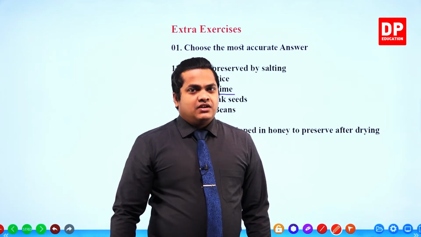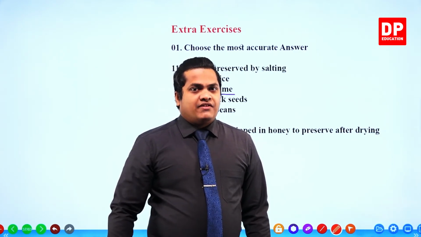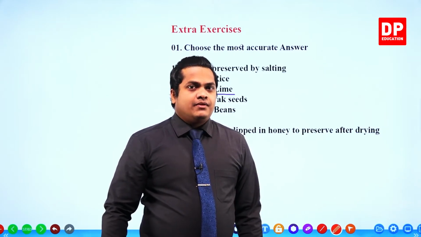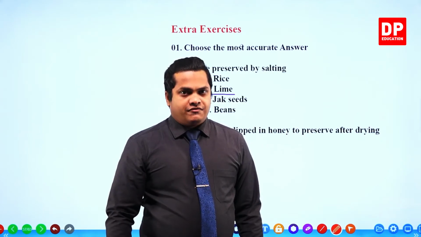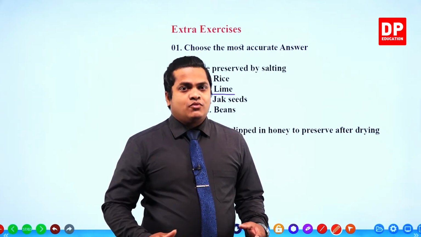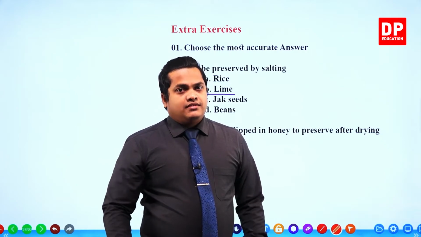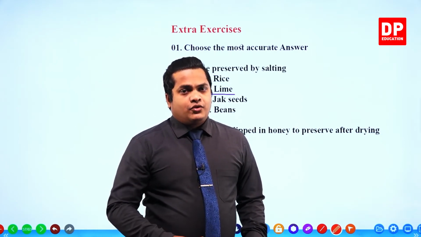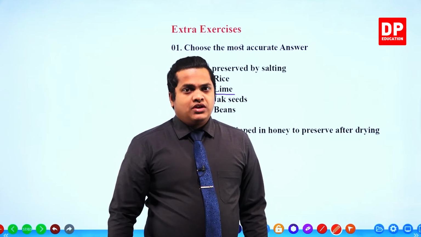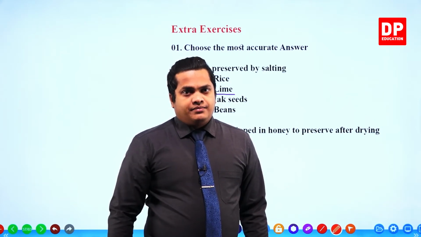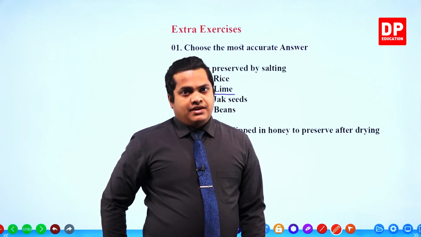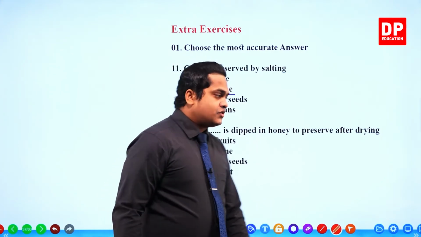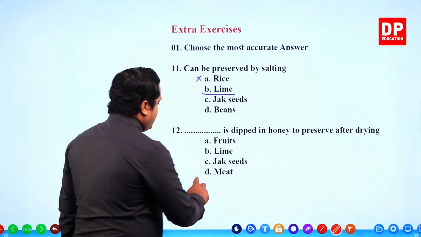Ancient people, our native Vedda people, followed this method. First they smoke the meat very well, and then they insert those things into a honey container. That way they keep them for a longer time period without getting spoiled. So our correct answer should be meat.